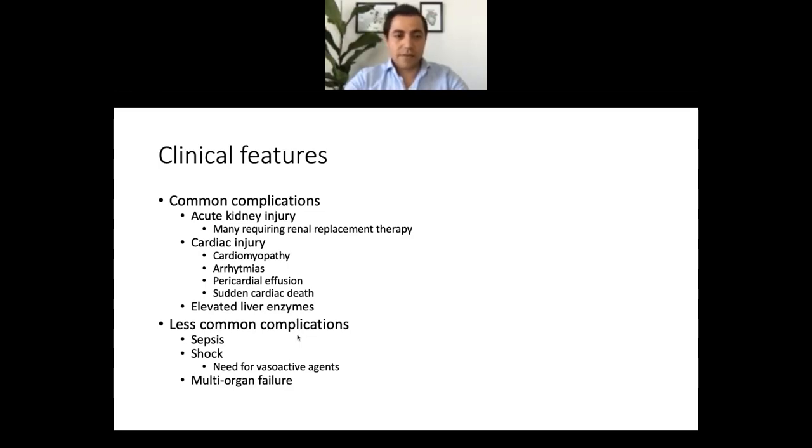You can think about cardiomyopathies, arrhythmias, ventricular fibrillation, ventricular tachycardia, pericardial effusions. These can also be the presenting symptoms of patients who present in the emergency department with ventricular fibrillation as a result of COVID-19.